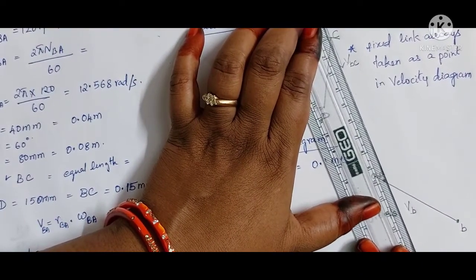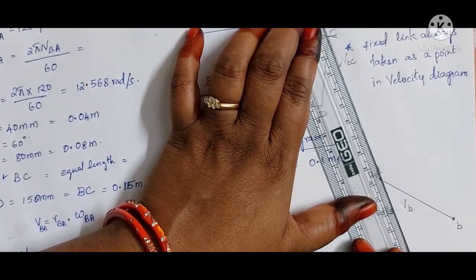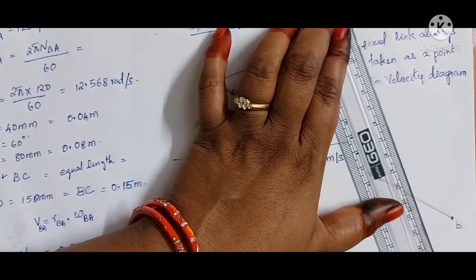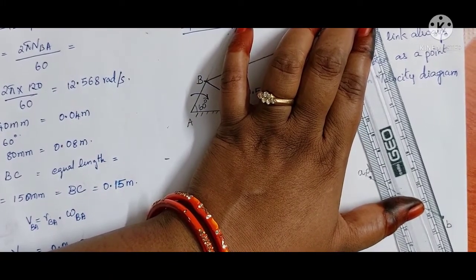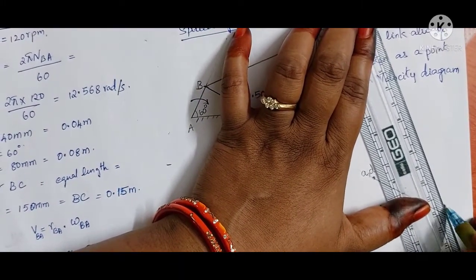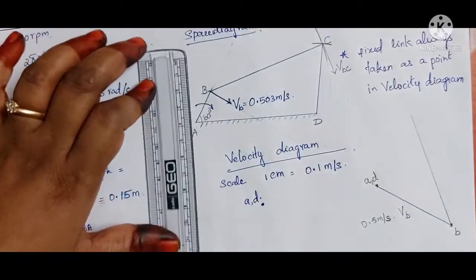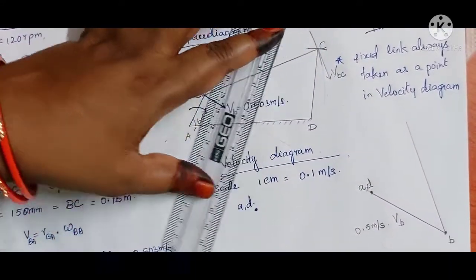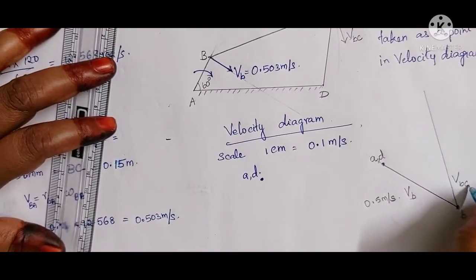To get it in the simplest way, better use the drafter. For these types of questions in the university exam, they will give the drawing sheet, and in the drawing sheet you can fix your drafter and do your problem like this. So I have dragged this, and this is the VBC line.